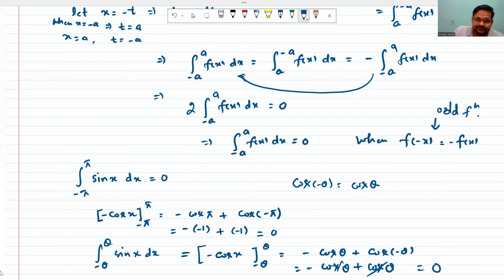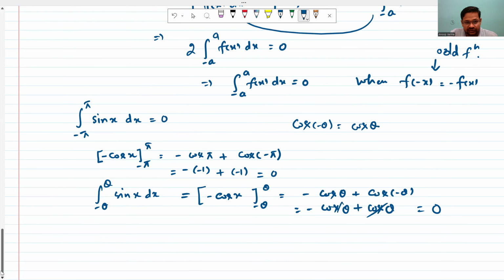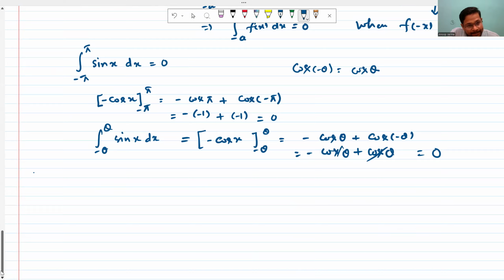Okay, next, if the function is even, how can we prove the value? If f(x) is an even function, what is the meaning of an even function?